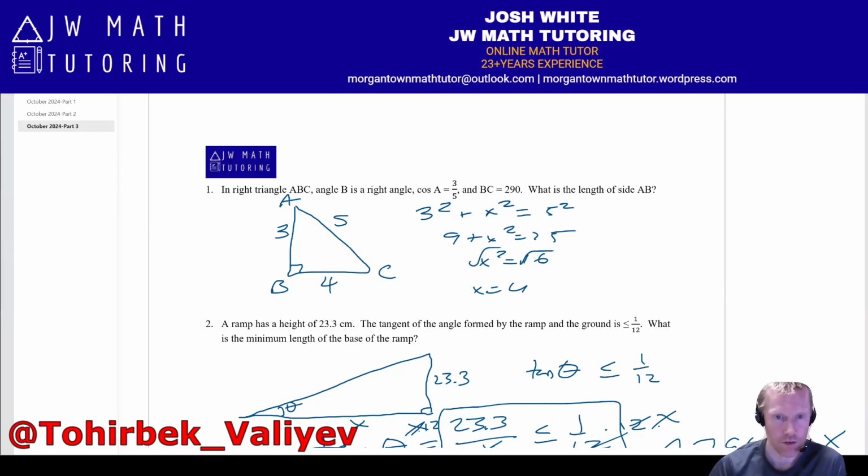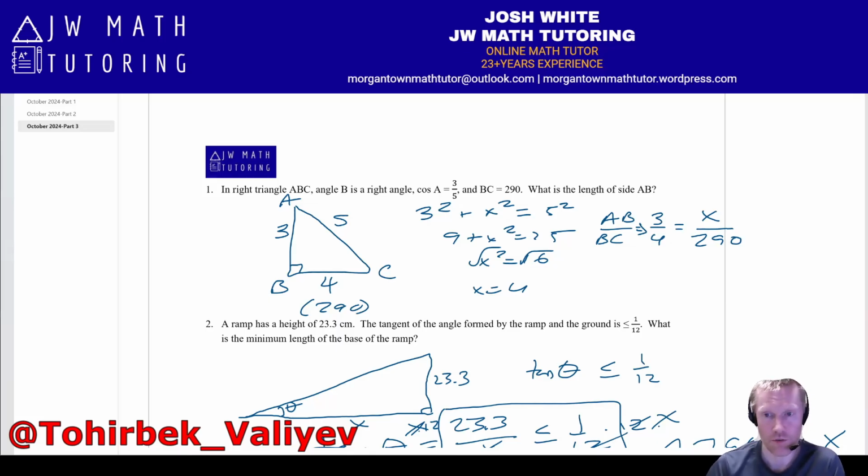Now that you have this, what you can do is just set up a proportion. You want to find AB here, right? So essentially, this BC here we know is 290. We know that the ratio of AB to BC simplifies to 3 over 4, but in terms of the actual side lengths, it's x over 290, because we're told BC is 290.